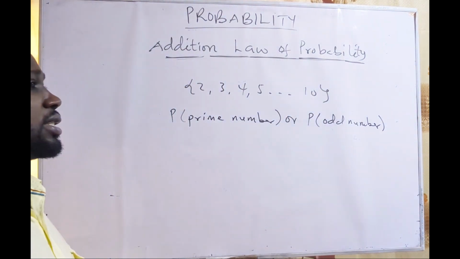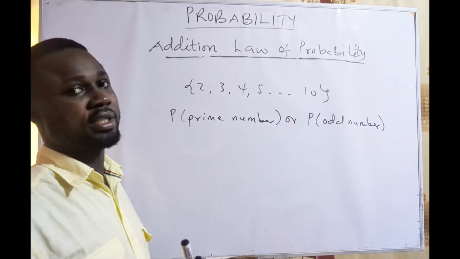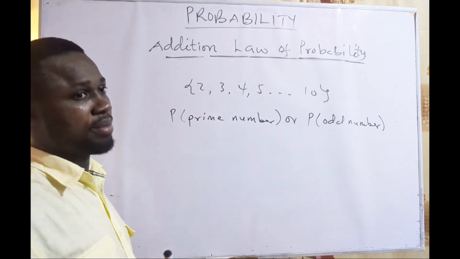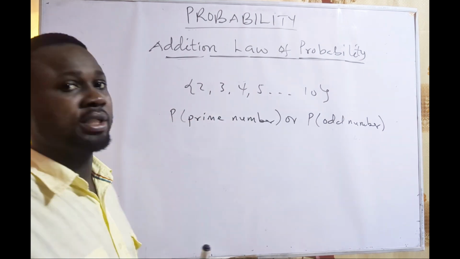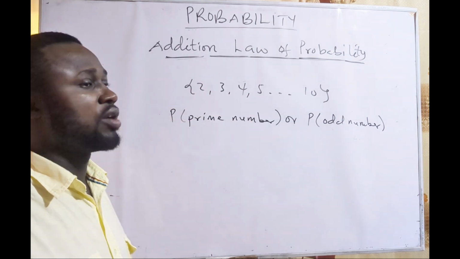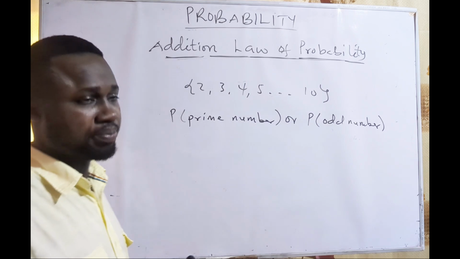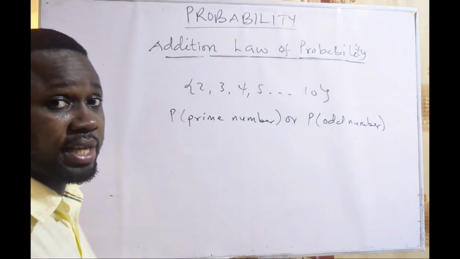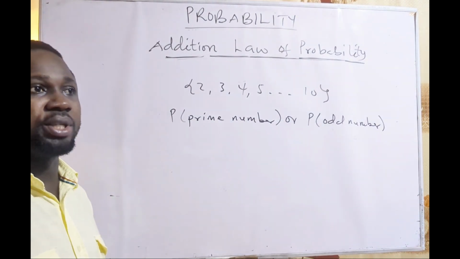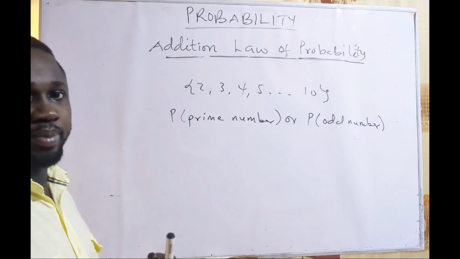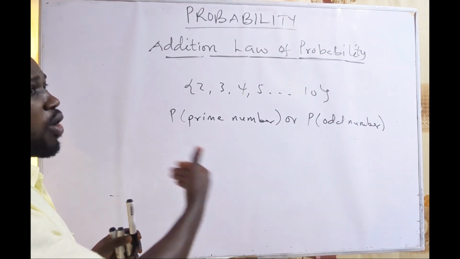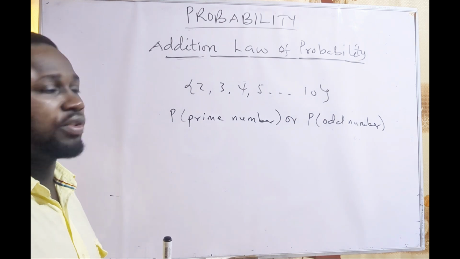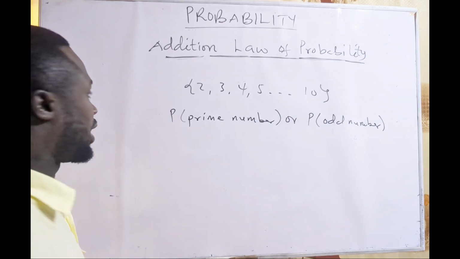So when you are looking at two or more events in the same experiment, the addition law of probability can be applied. Let's assume that we have event A and event B in the same experiment. We are going to look at the probability that either event A or B will occur, or even both events are going to occur.